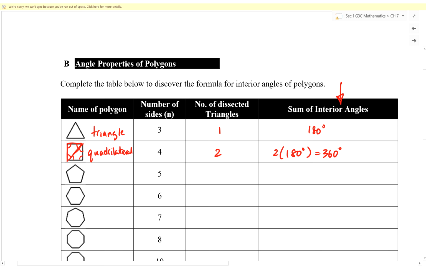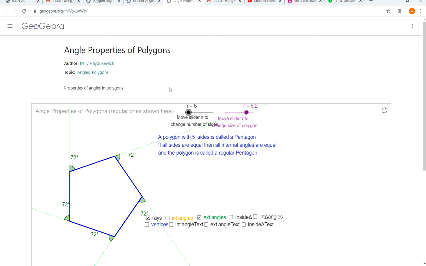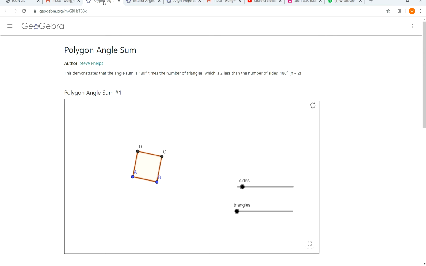Okay, so we have done for 4 sides. Let's increase it to 5 sides. How many triangles do you think we can generate from this? Okay.